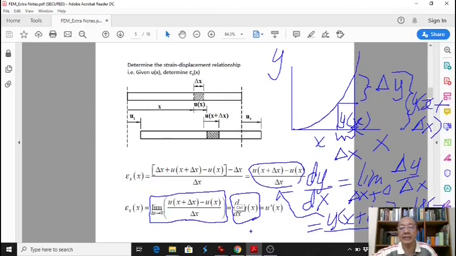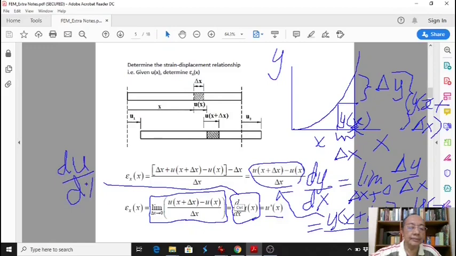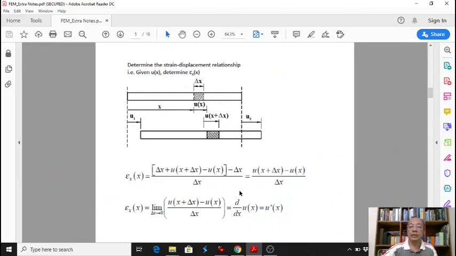We also use this symbol, u prime of x, to represent du per dx. So du per dx is now the strain.